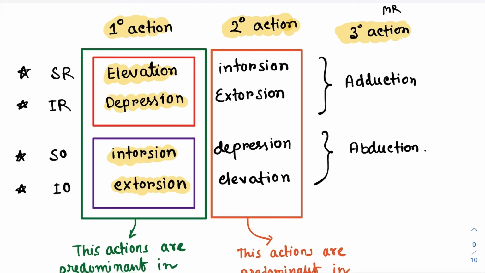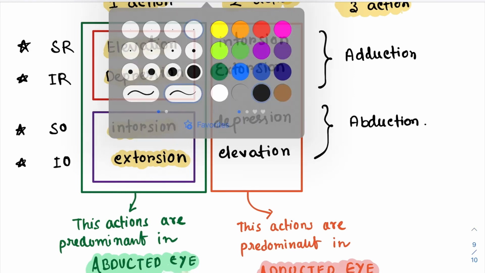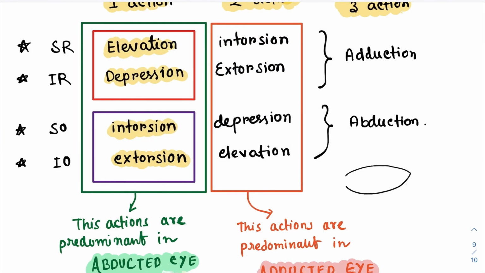For the superior rectus, the primary action is elevation, and for the inferior rectus, the primary action is depression. So primarily they cause elevation and depression, but they have a secondary action: the superior rectus is an intorter and the inferior rectus is an extorter. Intorter means rotation towards the nose, and extorter means rotation away from the nose.